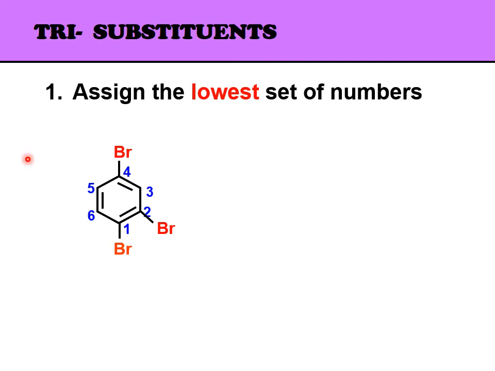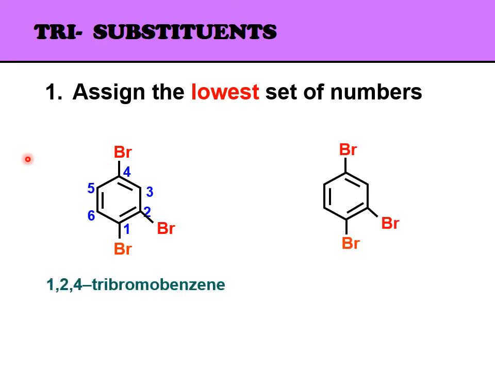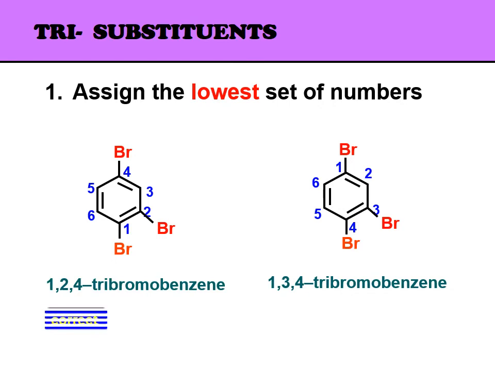So this one, I will get a set of 1, 2, 4. And then the other one, if I start from the top, it will give the substituents the set of 1, 3, 4. So actually there are a lot of possible ways of numbering the carbons in the benzene ring. Based on this, 1, 2, 4 is a lower set than 1, 3, 4. So the correct IUPAC name for this structure should be 1,2,4-tribromobenzene.